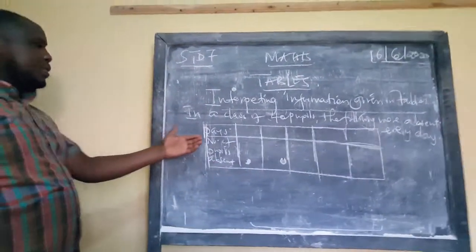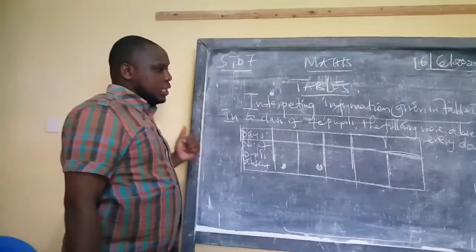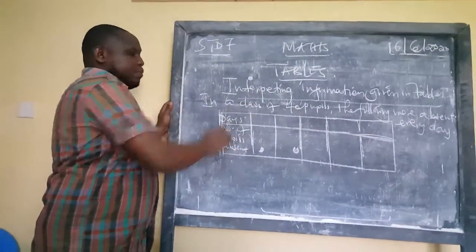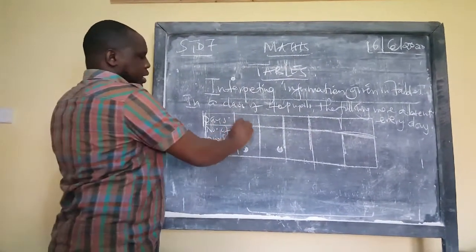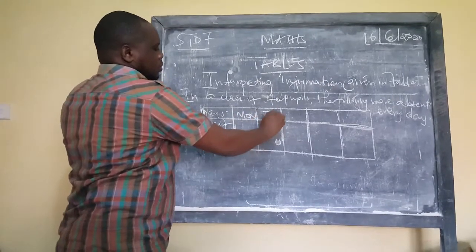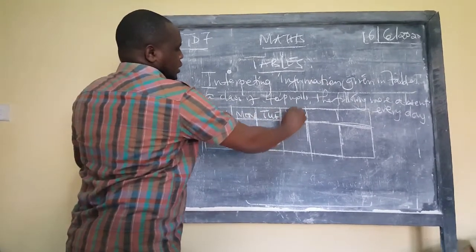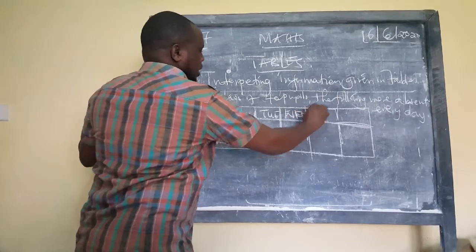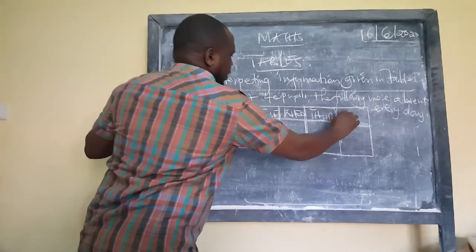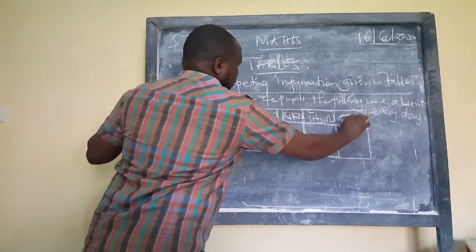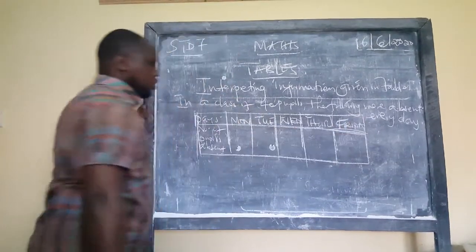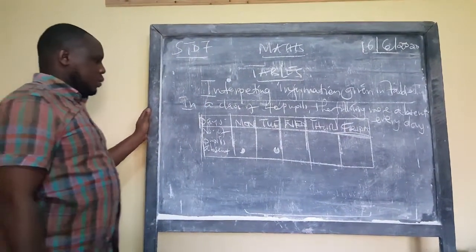So we have 40 pupils in a class. Then you are told that in every day there are some pupils who are absent. So on Monday, Tuesday, Wednesday, Thursday, then Friday. So this shows those who do not attend school on the specific day.